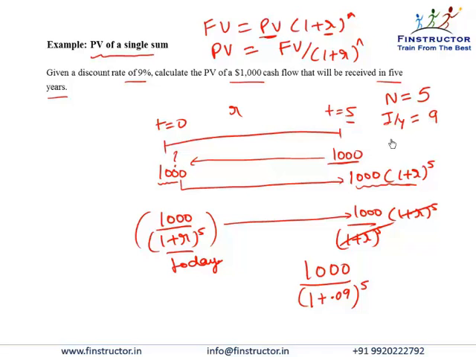The present value is what needs to be calculated, so we'll ignore that. Any payments that are coming or going out of our portfolio in each of these 5 periods? No, so we'll enter the PMT as 0. The future value is $1,000, that's the amount that we are getting, and we are asked to compute the PV.